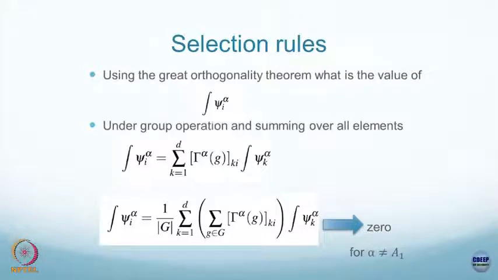And I am saying that this expression is the same as multiplying with gamma A1 because gamma A1 does not do anything to it. It is like inserting something just for convenience, but by inserting that I can do this argument of the great orthogonality theorem to argue it is 0. Is that clear? Okay. This is also one of your problems which I gave in your exam.